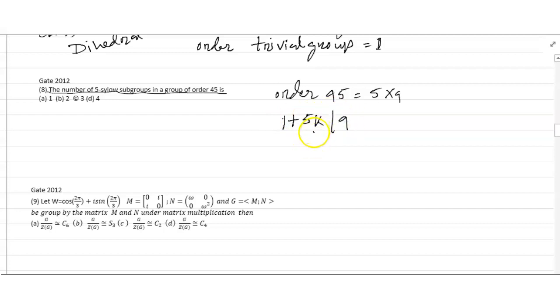If k equals 1, then it is not divisible. If k equals 2, it is not divisible. So it is only possible if k equals 0, then n is equal to 1. This is the only possibility. So the number of 5 zero subgroups is only 1. This is my answer.